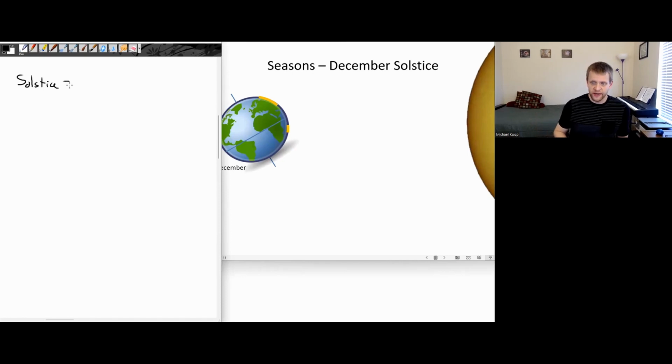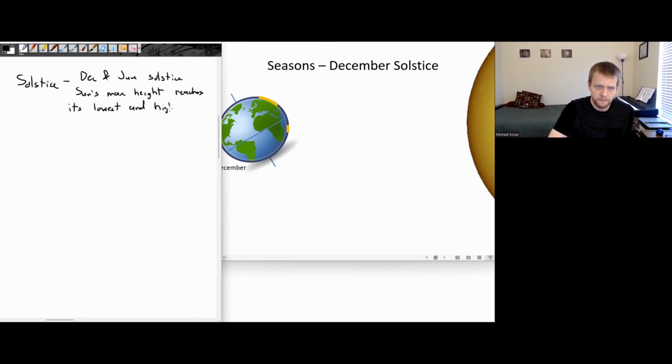This is when the Sun's maximum height in the sky reaches its lowest and highest values respectively.